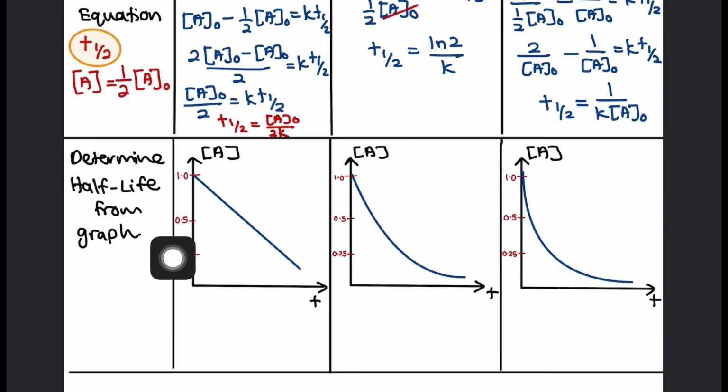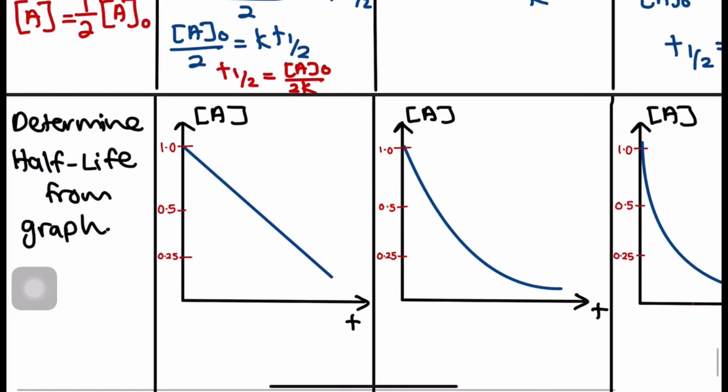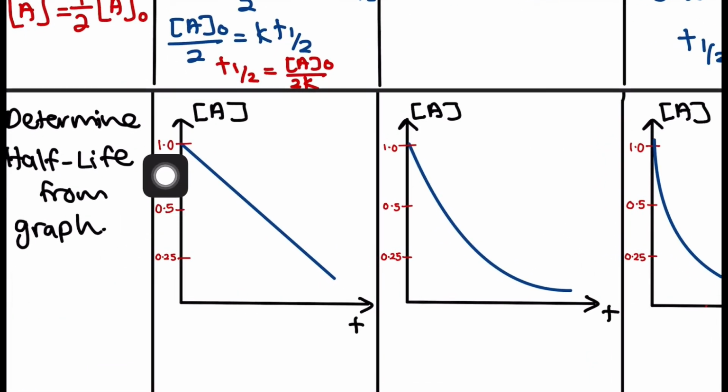For the zero-order reaction, concentration against time graph would be a linear graph with a negative gradient. Now let's say the initial concentration is given to be 1. Therefore, the first half-life would be from concentration 1 reduced to concentration of 0.5, because by definition half-life is the time taken for the concentration of reactant to be half of its initial concentration.